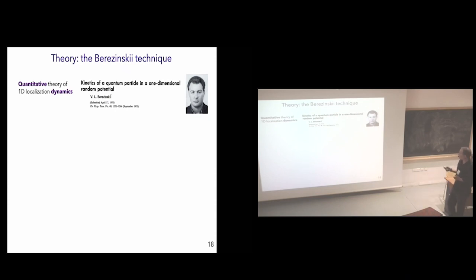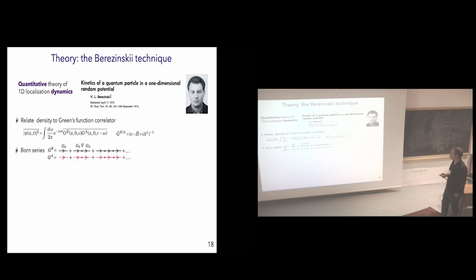But in his last years, Berezinskii was also very interested in the transport of quantum particles in disordered potentials. And then he managed to construct during this time a very powerful mathematical apparatus that is now called the Berezinskii technique. Here I will not give you the details of this technique, but I just wanted to let you know that this technique exists and give you a bit of the feeling.